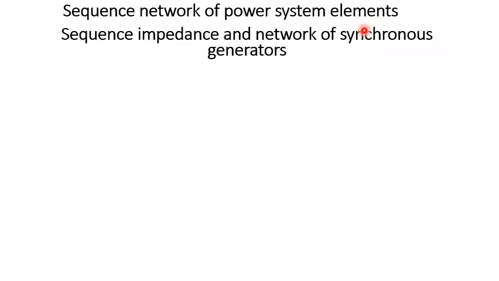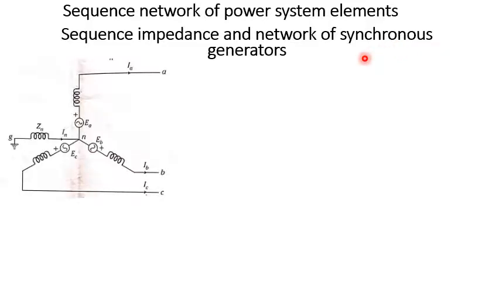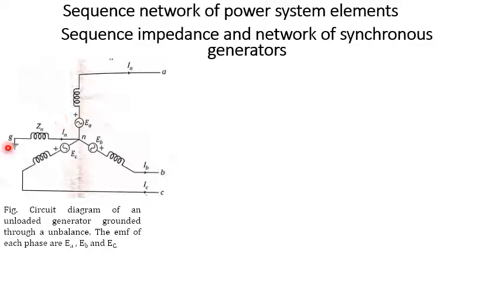First, the sequence impedances and networks for the synchronous generator. Let us see the figure. The neutral of the generator is grounded through a reactor having impedance Zn.